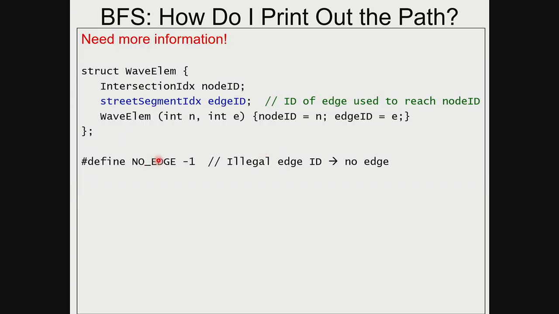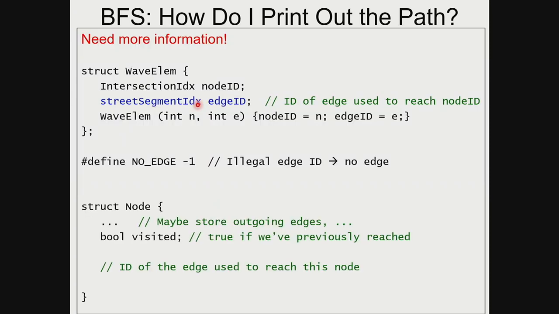Once I reach a node with no edge at it, that means I'm at the source, I can return now. For convenience, I'm just going to set the value to -1. The street segment index is usually an integer, so -1 is not a valid index for any street segment in the map, so it's a valid one to use to just stop my algorithm.